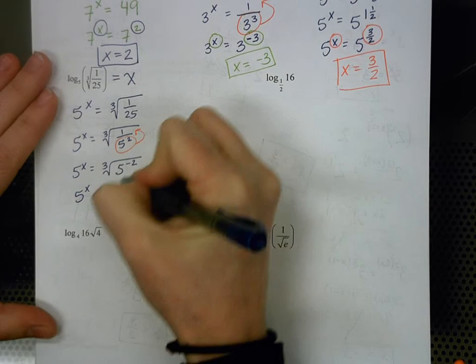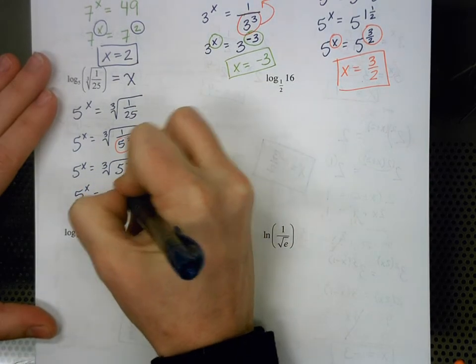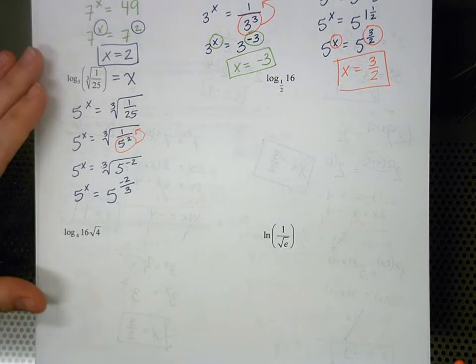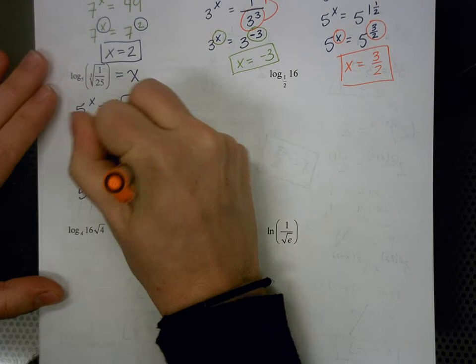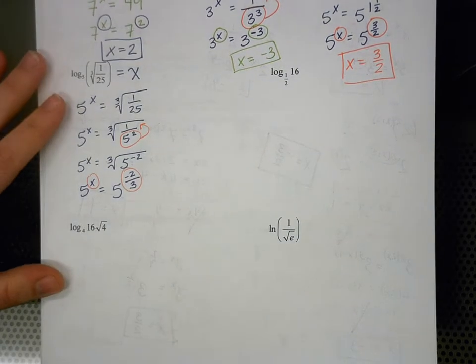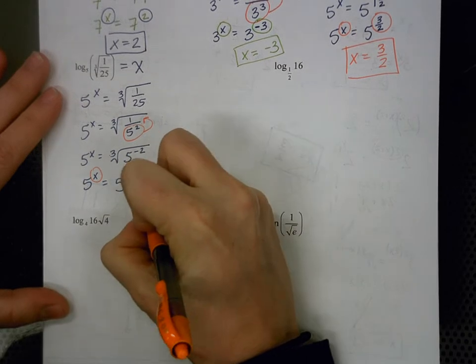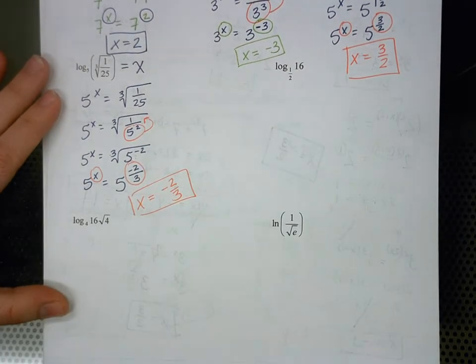So I raise the 5 to the exponent over the index, so -2 over 3. And what exponents are in the same spot? x and -2/3. So our answer here is x equals -2/3.